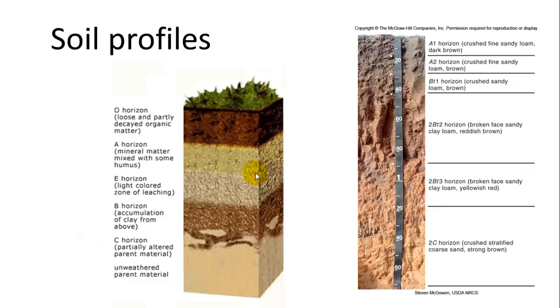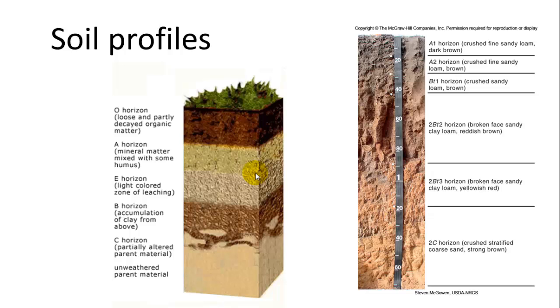Now, if you took a cross-section of a soil, you would be able to see different profiles or different stages within it. The five we're going to go over are the O horizon, which is at the top and has the most organic material in it. The A horizon, which has mineral matter mixed with some of the organic layer.